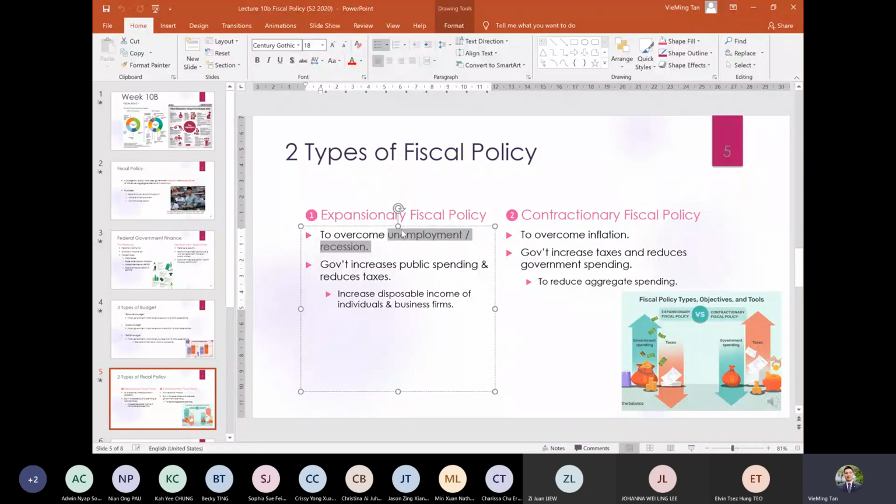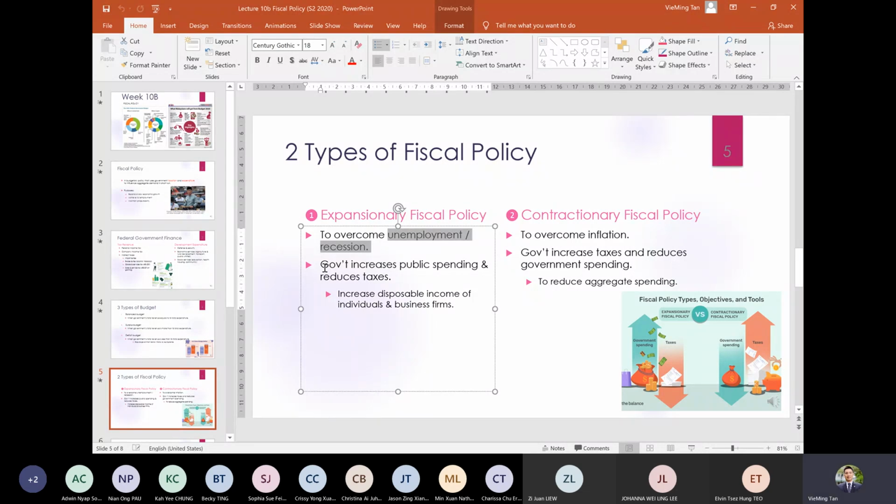So how? By using the expansionary fiscal policy, the government has to increase public spending. That means having more projects in the country. Spending here can be on building more utilities, roads, and also projects to improve hospitals.